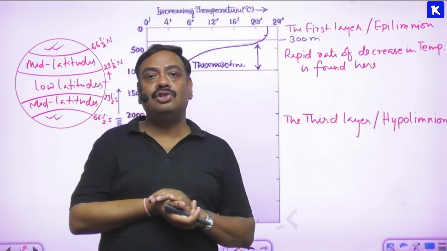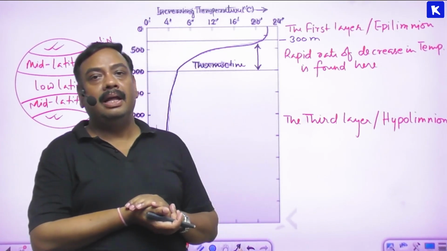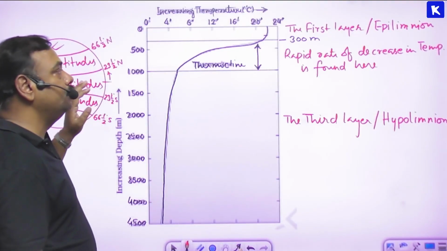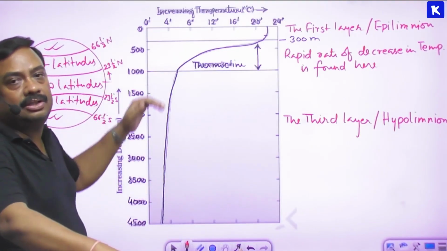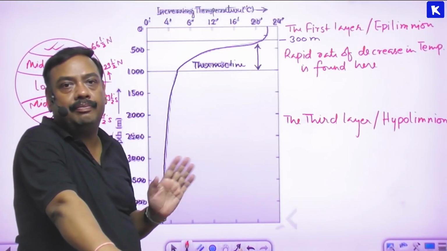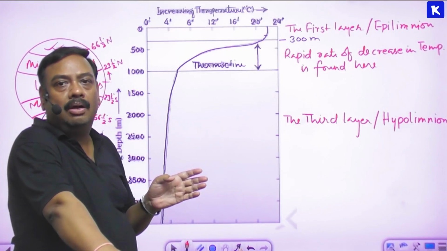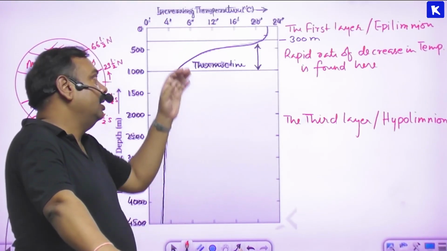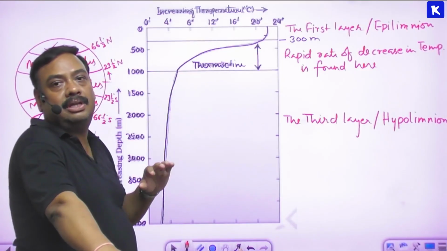And so geographers observe that in the high latitudinal region, or in the frigid zone, there is no occurrence of the 3-layer system of decrease in temperature at any point of time in the year. No. Why? Because not enough heat energy is received at the ocean surface in the frigid zone.